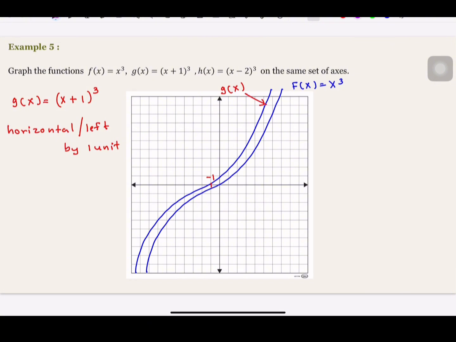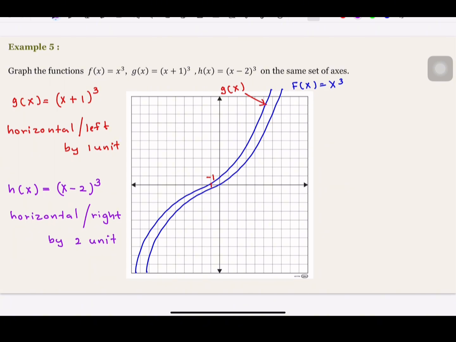Next, let's try to get my h of x. So h of x is (x negative 2) to the power 3. Again, this is a horizontal shift, because 2 is being subtracted from x. So this is horizontal, and this is going to be a right shift because of negative 2, by 2 units.